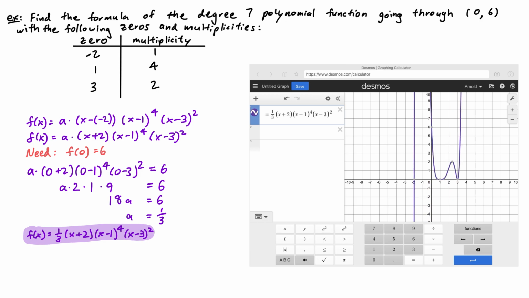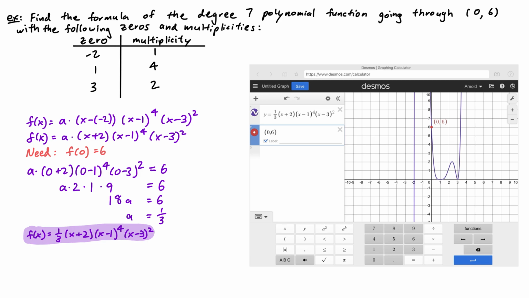Okay, so that is our polynomial function, and let's confirm that it goes through our desired point (0, 6). So we see here we have a degree 7 polynomial that has the x-intercepts -2, 1, and 3, and it goes through the point (0, 6).